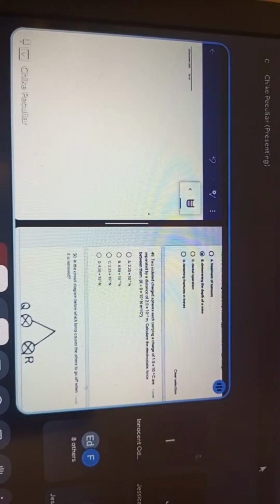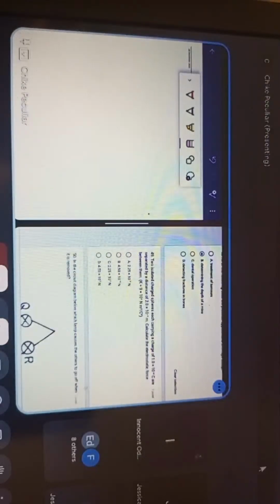So question 49 says two isolated charges carrying a charge of 1.0 times 10 raised to the power of minus 6 are separated by a distance of 2 times 10 raised to the power of minus 1.